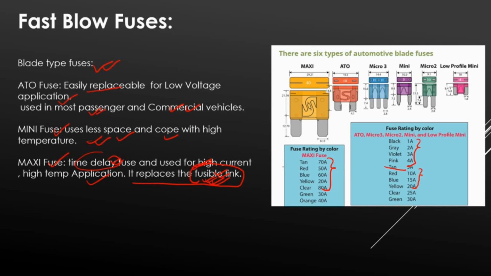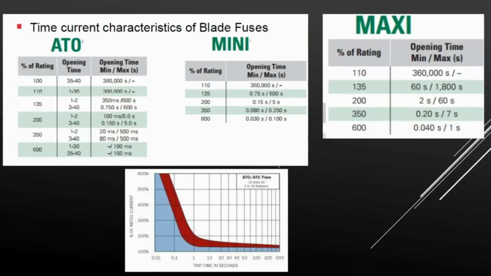then we will see some blade type fuses time characteristic. So as of now, you just forget about this column. So percentage of rating we will see, and opening time minimum and maximum. So what does it mean?